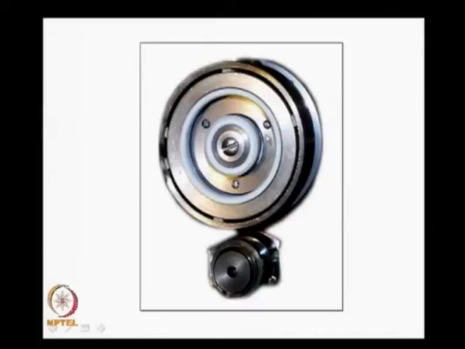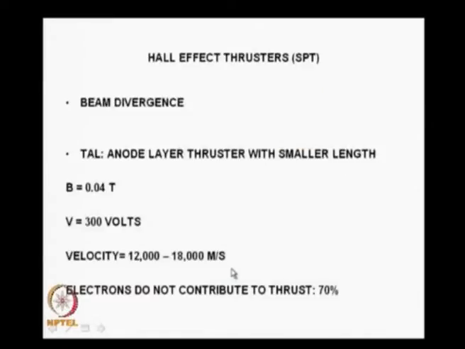In the annular gap, through this the xenon comes out and you get the thrust. This is the cathode which generates the electrons. To prevent the divergence which leads to contamination, a small length is to be preferred, and this small length thruster is known as the anode layer thruster, or TAL.